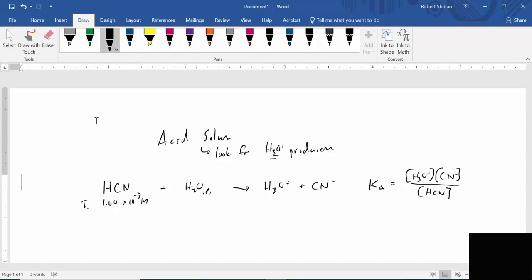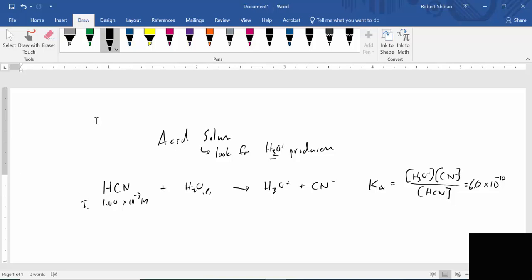Now, HCN isn't one of the strong acids that we memorize, and so we would consider it a weak acid. And for a weak acid, what's the Ka value? Did someone write it down? The Ka value? I looked it up in Appendix D. 6.0 times 10 to the negative 10. 10 to the negative 10 tells me it's a very weak acid.